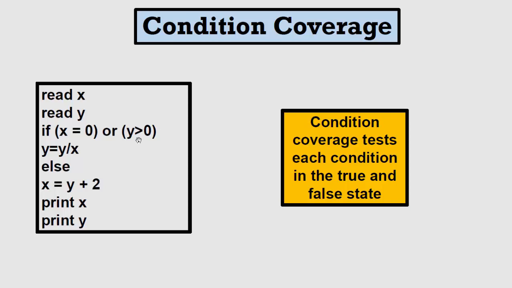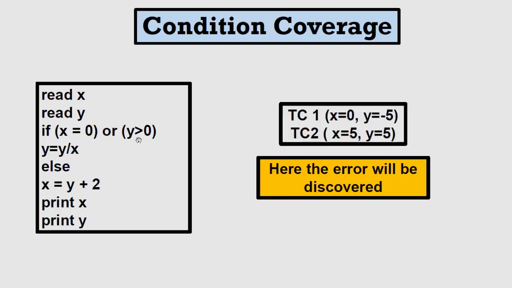So one time we try y greater than 0 and the other time y is not greater than 0. So these are the two test cases that we should use. One time x equals 0 and y equals minus 5. So here x equals 0 and y is not greater than 0. The second, x equals 5, which is not 0, and y is greater than 0. This will discover the error, and here in this case the developer should solve it.